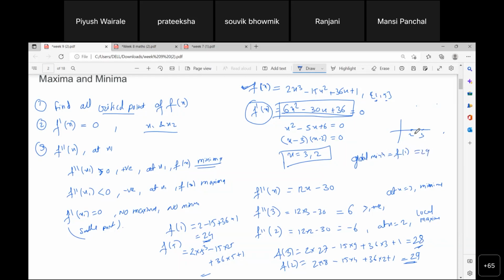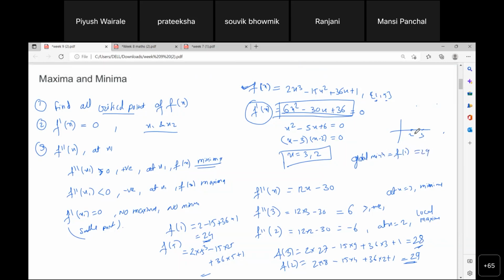If I calculate this, at x equals 5, I am getting f of 5 as 56, right?